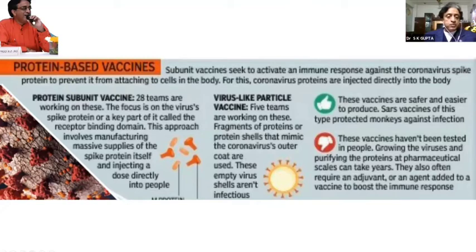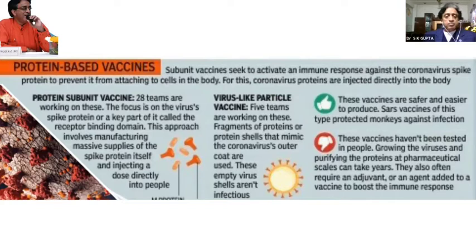These are the spike proteins which latch onto the ACE2 receptors, and if we form antibodies against them, we might be able to prevent the attachment of the virus to the receptors, and thereby prevent the disease.